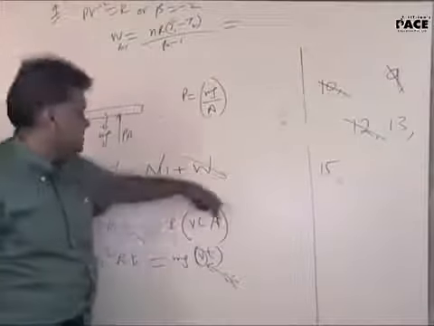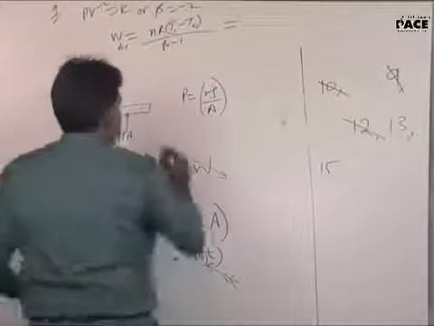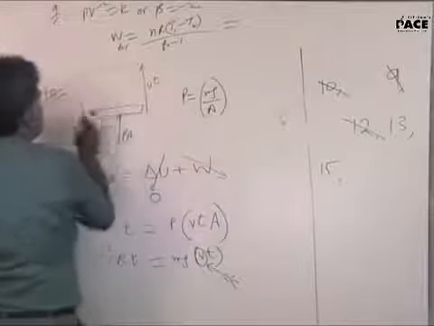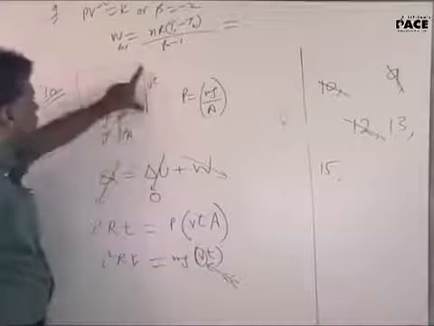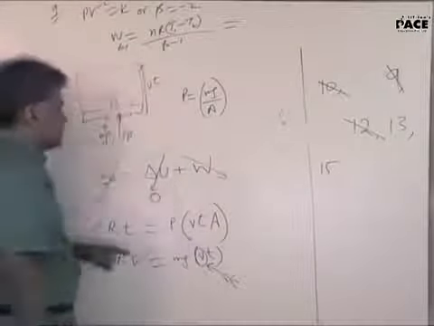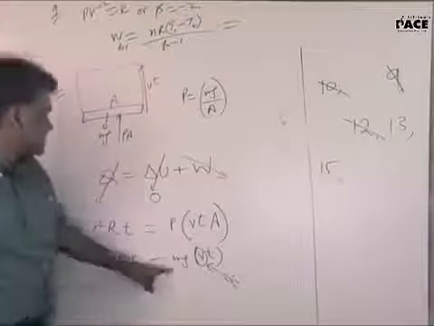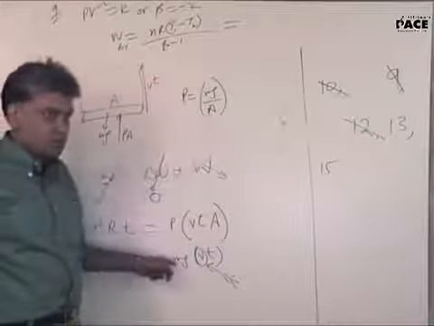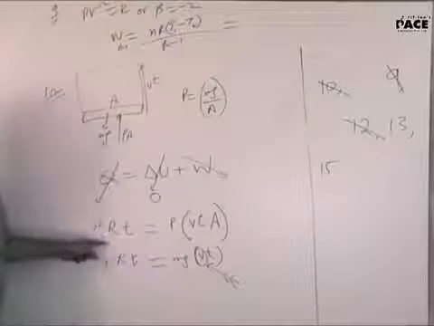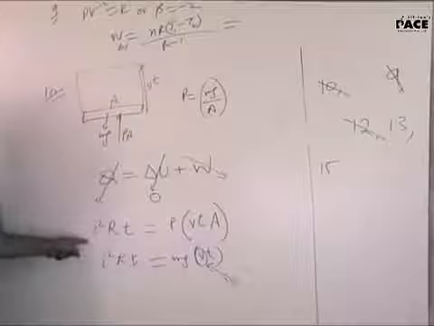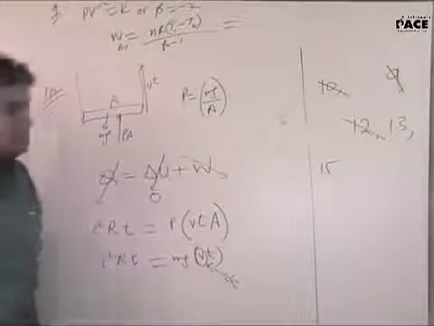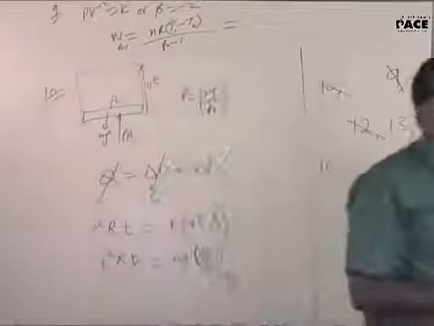P delta V will be the change in volume. If this moves with a distance V in time t, what is the volume created? Vt. That's what I've written here. Pressure into A happens to be mg. So put it there. I square R is the power consumed by a resistance when a current I passes. I square RT is the heat produced. Equate these two to get your answer. That's all. Is that okay?